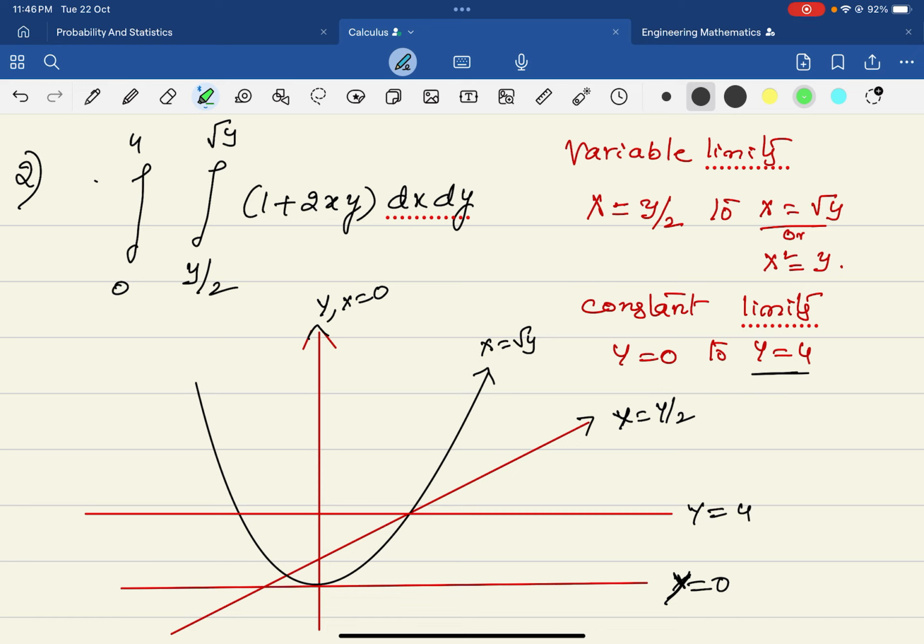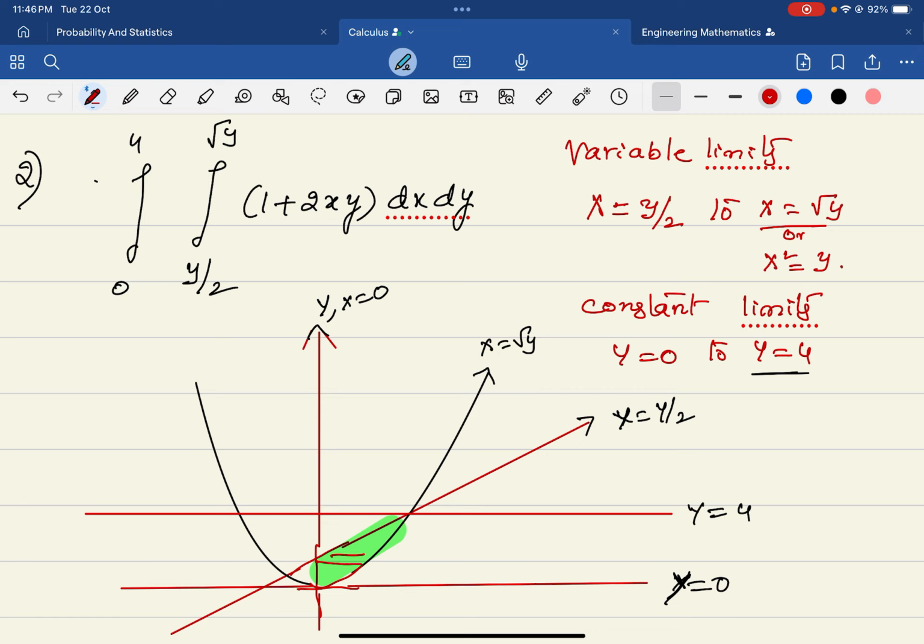So this is the portion, correct? From left to right. You understand that one? The left boundary is x equal to y by 2, the right boundary is x equal to root y, and now y equal to 0 to y is equal to 4.